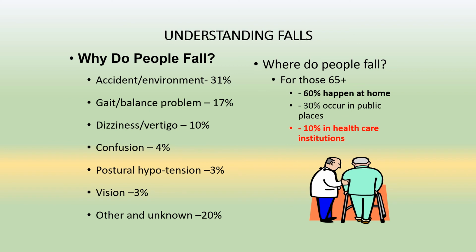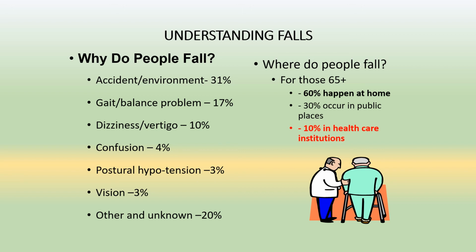So why do people fall? Well, 31% because of accidents related to environmental hazards, and then also 17% because of gait and balance problems, only 10% because of dizziness or vertigo, and 4% because of confusion in older adults.